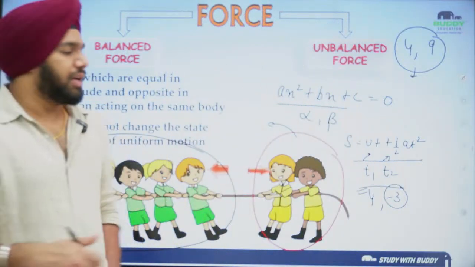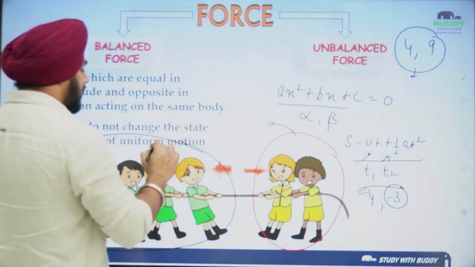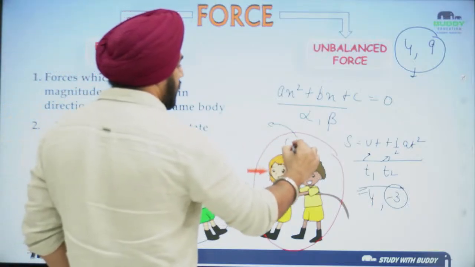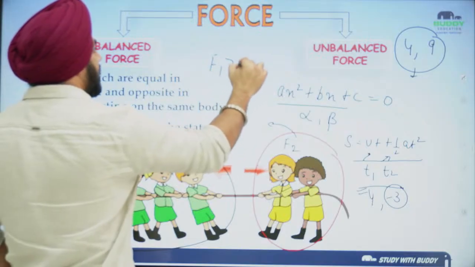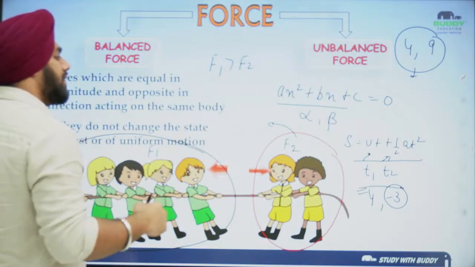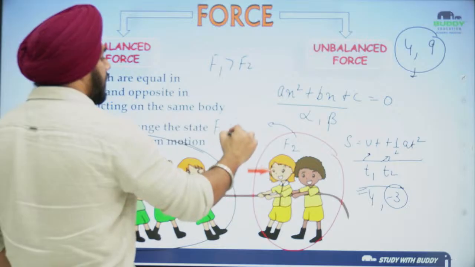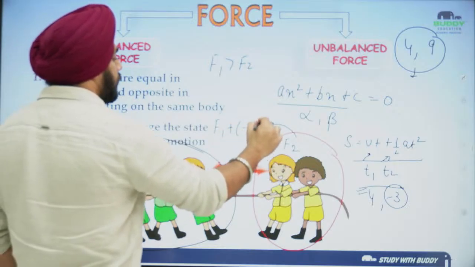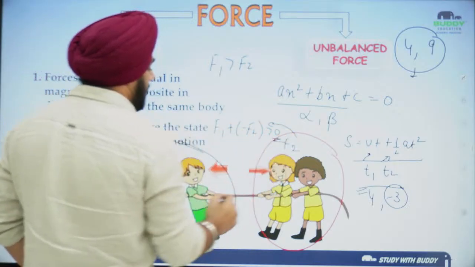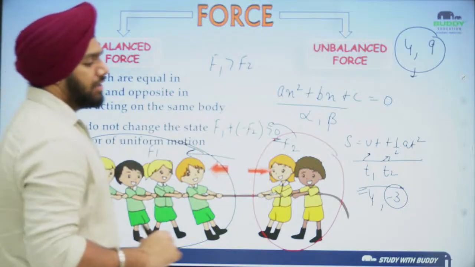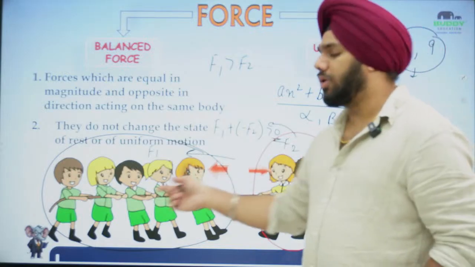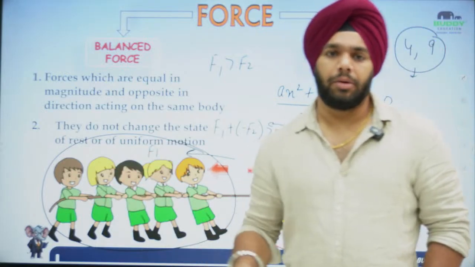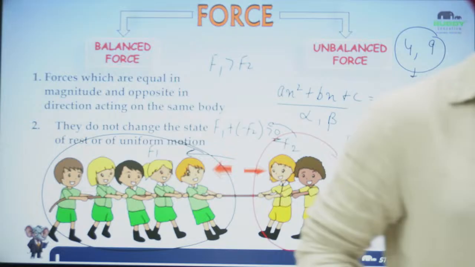We call this F1 and this F2. F1 is greater than F2, that means F1 minus F2 is greater than 0. That means the net force is on the left hand side and the team on the left hand side will win.